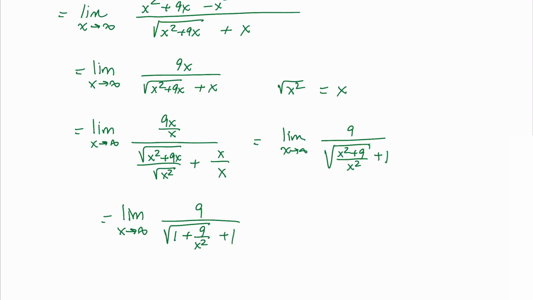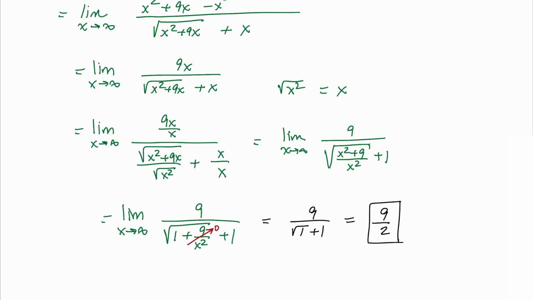And now if we take the limit as x approaches infinity, this term right here goes to 0. And now we're down to 9 over square root of 1 plus 1, which is 9 halves. So maybe not an intuitive result, but that limit is 9 halves.